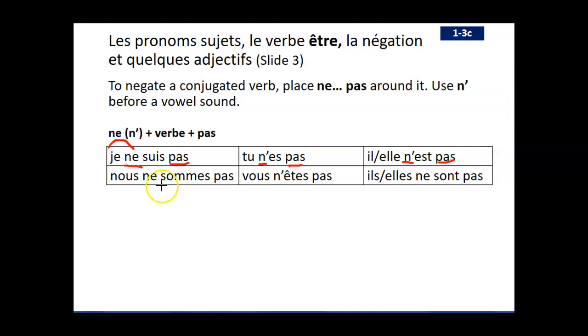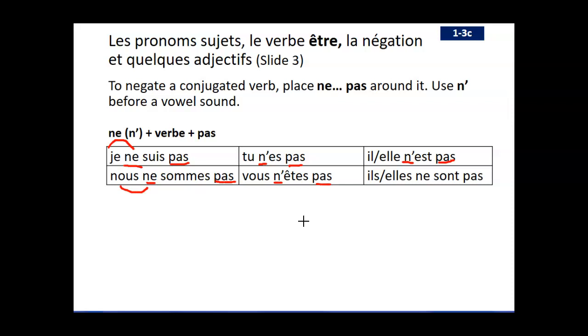Okay, it's easy to see here with nous ne sommes pas. But again, probably most French speakers are going to join these to kind of form one word, and they might say nous ne sommes pas, okay, when they're speaking quickly. Okay, so vous êtes, we saw, was the form that goes with vous, and again, we're going to take that e off of ne when we combine it with the verb that starts with a vowel right after it.